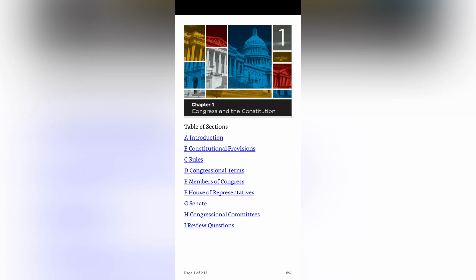In some states, district lines have been drawn to benefit the political party that controls the state legislature, a practice known as gerrymandering.